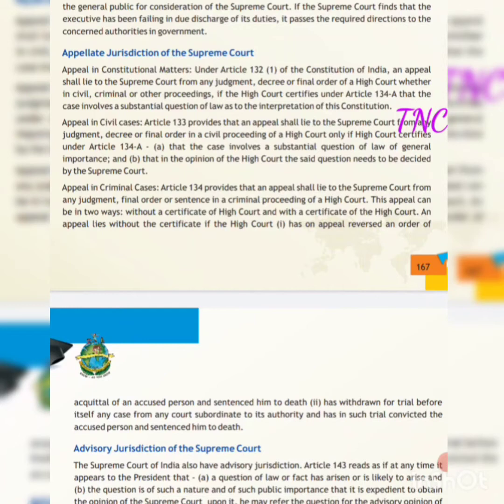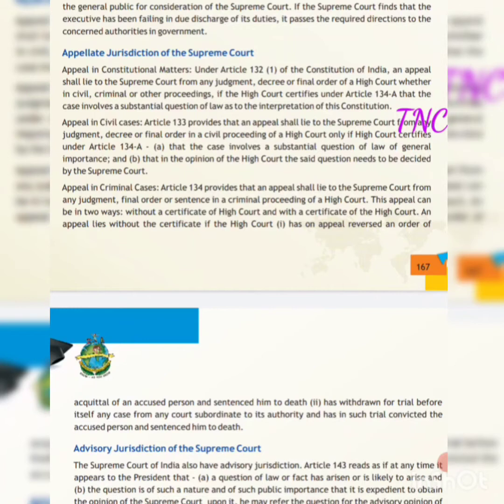So in criminal cases, if there is an order that may or may not have been certified by the High Court, that yeah, I am certifying it, now you take this matter to the Supreme Court because it is of general importance. An appeal lies without the certificate.